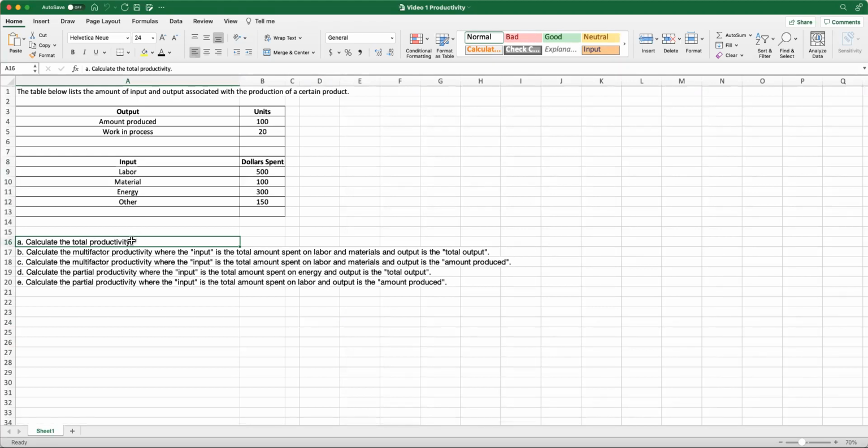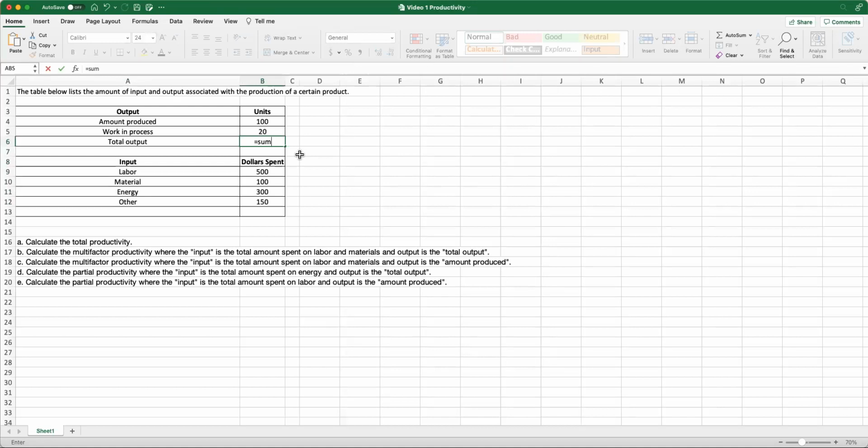Since we are looking at the total factor productivity, I need to calculate the total output and the total input, right? So the total amount of outputs we have is the sum of 120, right? So I'm going to highlight these. So I did 100 plus 20, and that is the total amount of output we have.